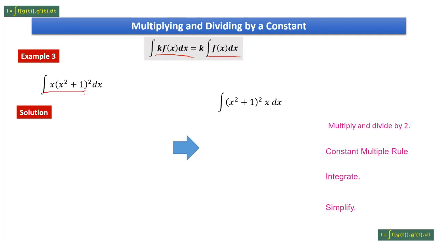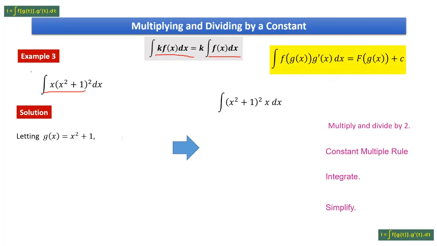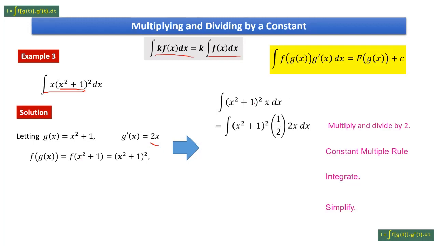We have the expression, the integral of x multiplied by (x squared plus 1) raised to 2 dx. Letting g of x equal x squared plus 1, g prime of x equals 2x. So the derivative of the inner function is 2x, and copying the outer function, we proceed with the integration process.